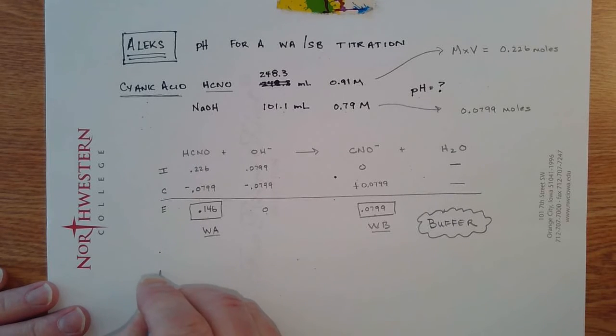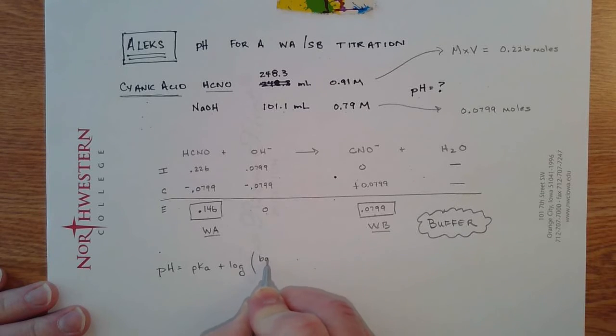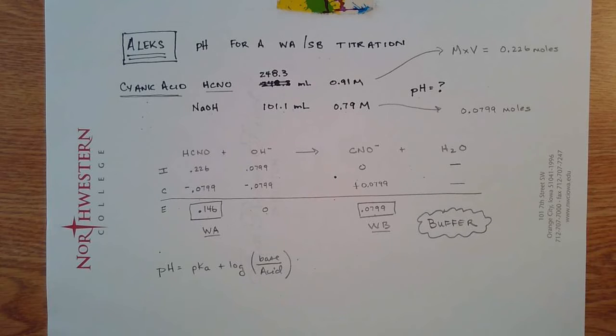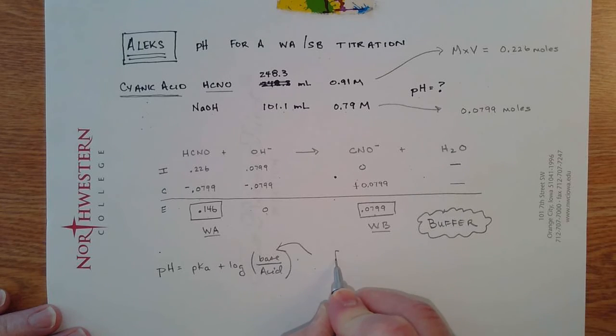So to do that, let's use the Henderson-Hasselbalch equation. So pH is equal to pKa plus log of the base form over the acid form. All right, so this base over acid, let me talk to you about that for a little bit. The righteous way to do this is to consider this to be a ratio of concentrations.